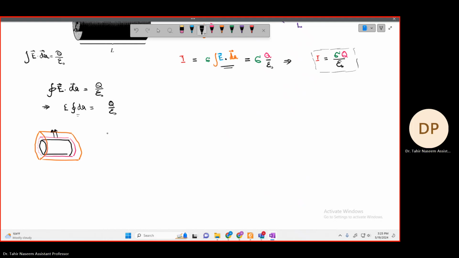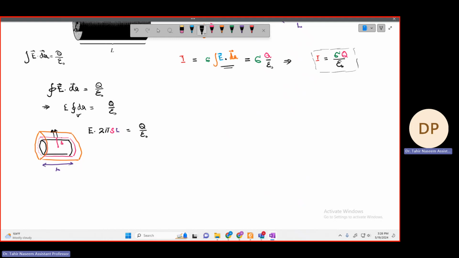It is E times 2 pi, this pink one. Let's suppose the radius of this is S and the length is L. So I can write the surface area as 2 pi S into L. This is the answer of the integration, right? And it is equal to Q over epsilon.